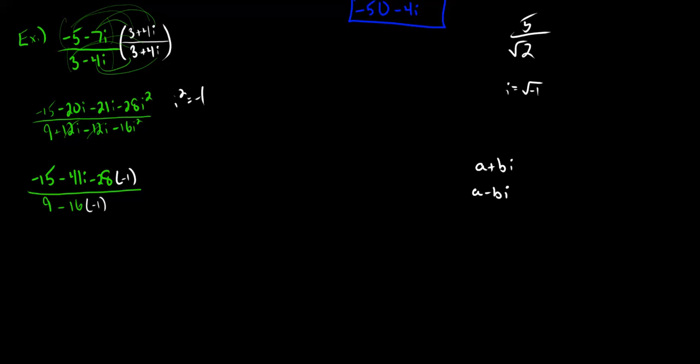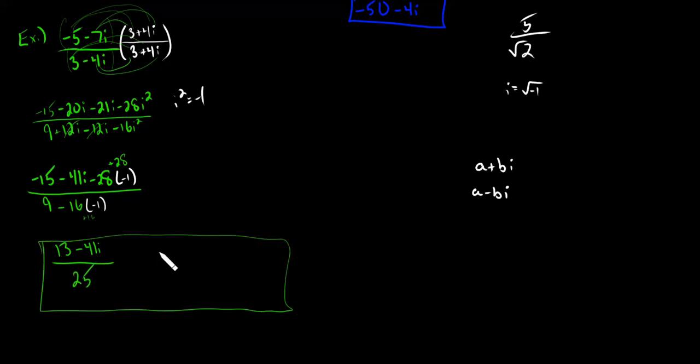And now when we go ahead and we clean this up, we're going to have negative 15. This is going to become a plus 28. So we're going to have negative 15 plus 28. Well, that's 13. So we have 13 minus 41i over, and remember, negative 16 times negative 1 is going to become a positive 16. So 9 plus 16 is 25, and this could be your final answer.